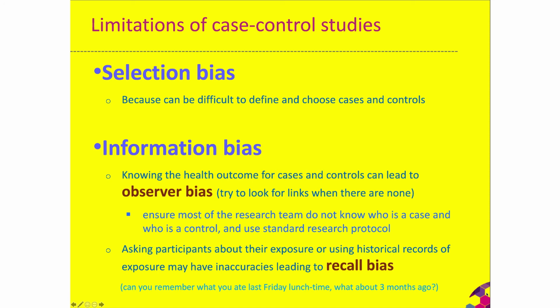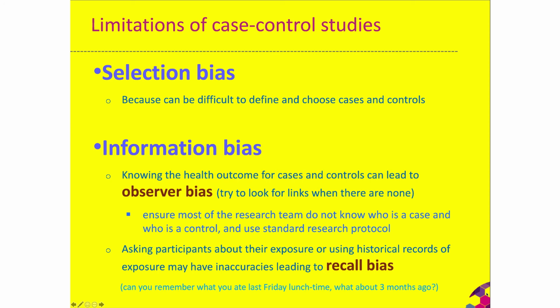So we need to be very clear about what is a case and what is a control, and we also need to be clear about how we are measuring, describing and collecting information on the exposures. And the other problem we have is, of course, recall bias, because we're looking at exposures in the past, sometimes 10, 20, 30 years in the past.